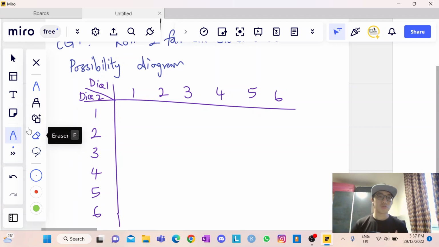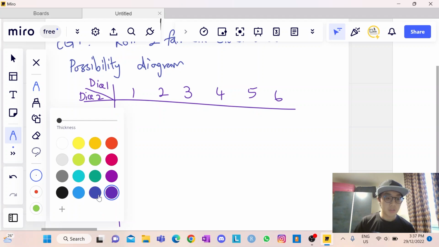So the summation. Let's say you are playing a Monopoly game and you are supposed to throw two dice. The number of steps you move will depend on the sum of the numbers facing up on each die. If you add up all the sums here, you can do it yourself too.